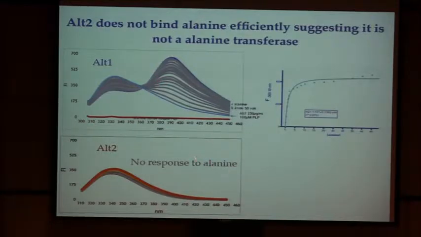And you can make all the plots, and then all the calculations to get your affinity constant. But what happened with L2? We did the same experiment, but the difference is that when you add the alanine, it doesn't respond to the alanine. This means that L2 cannot bind alanine.